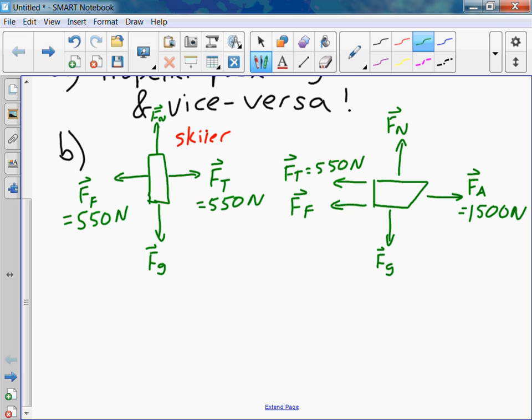Okay, so what do we got here? Let's call this FF1, and we'll call this FF2 because they're not the same thing. One's acting on the boat, one's acting on the skier. So 950. Yeah, that's right.